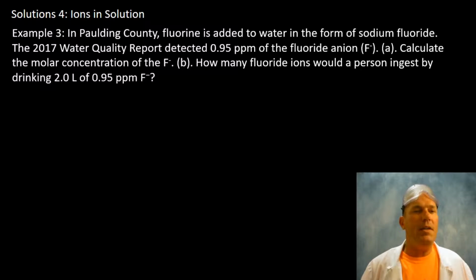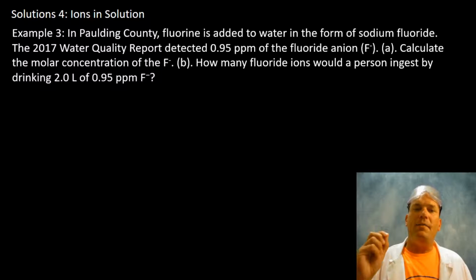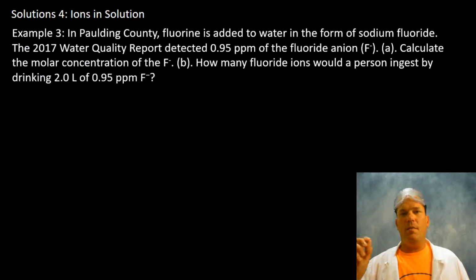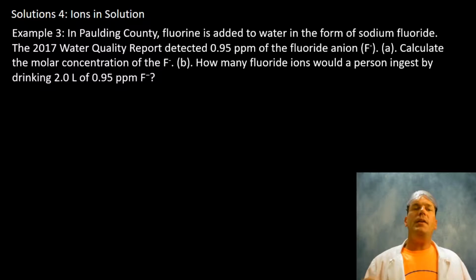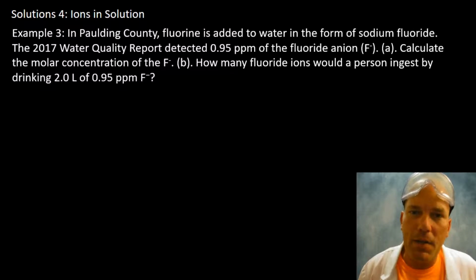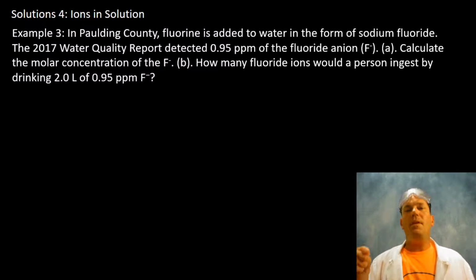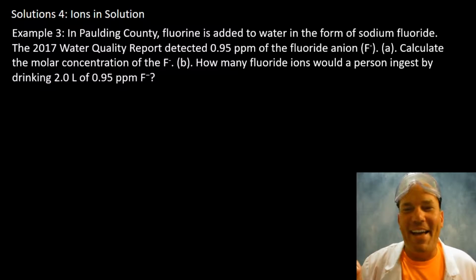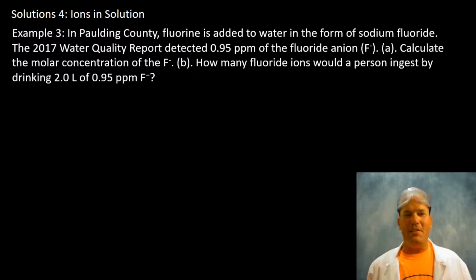In 2017, the water quality report detected 0.95 parts per million of the fluoride anion. Part A, calculate the molar concentration of fluoride. Part B, how many fluoride ions would a person ingest if they drank 2 liters?